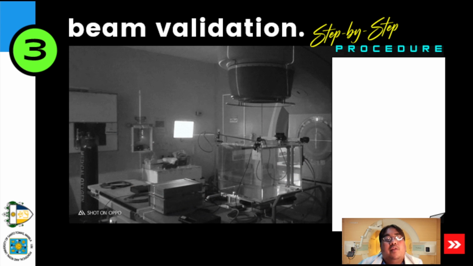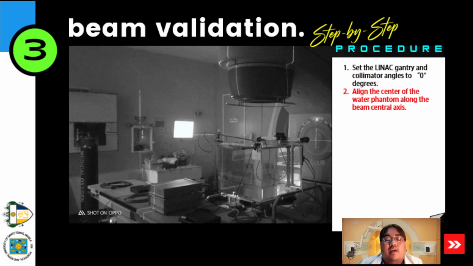Right, so in order to proceed with beam validation, we have to perform the following step-by-step procedure. Number one is that we have to set the LINAC gantry and collimator angles to 0 degrees. Second is that we have to align the center of the water phantom along the beam central axis. Third is that we have to align the level of water to spirit level using the bubble meter.